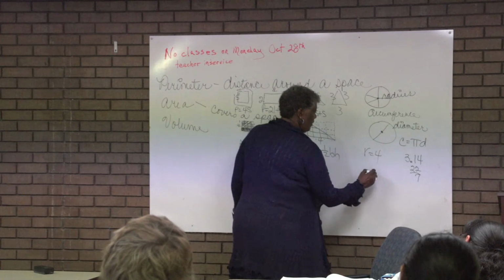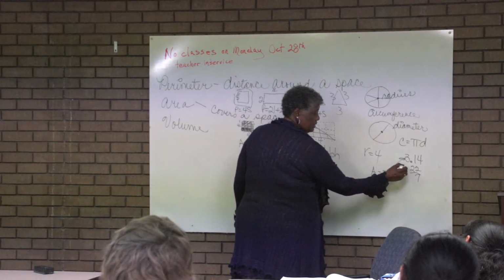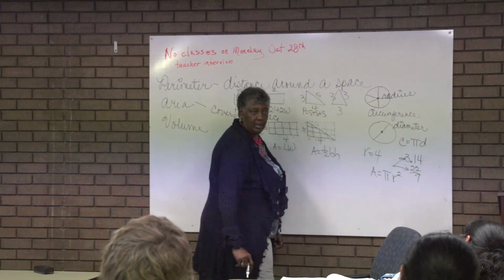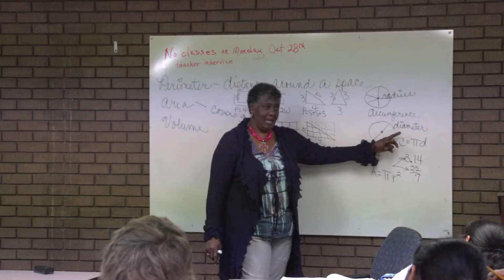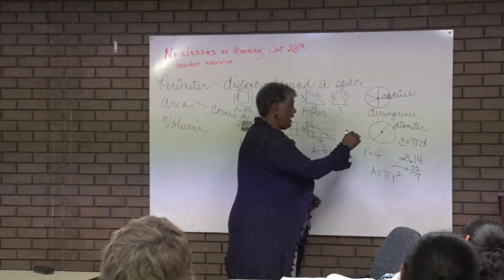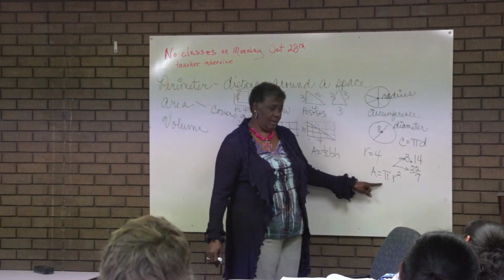For a circle, the area is pi times the radius squared, radius times itself. So they may give you a diameter and say, what's the area of this circle when the diameter is 8? I don't need a diameter for area.